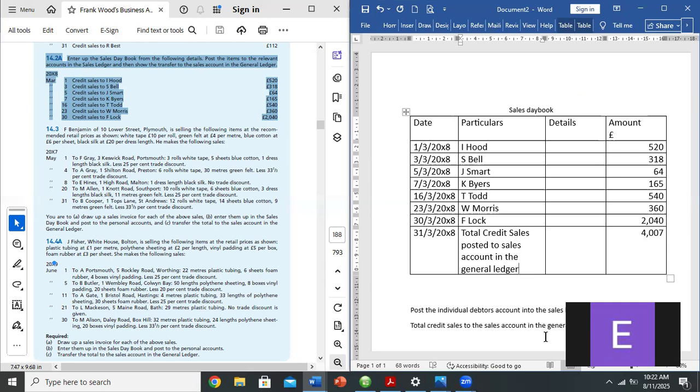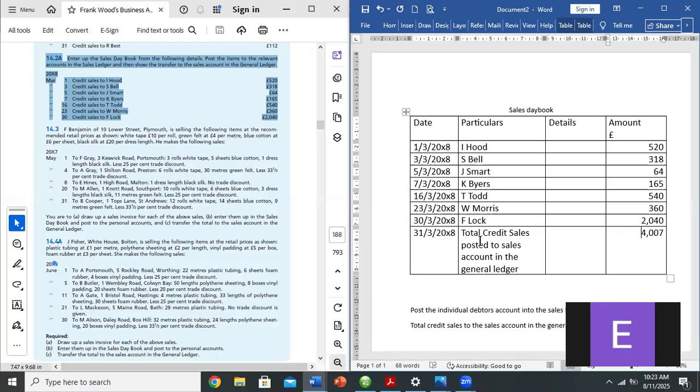Sales account is kept in the general ledger. So this is how you prepare your sales daybook. It is the same if you were preparing purchases daybook, just that these persons are now going to be suppliers, and your narrations will change here. That will be total credit purchases posted to purchases account in the general ledger.